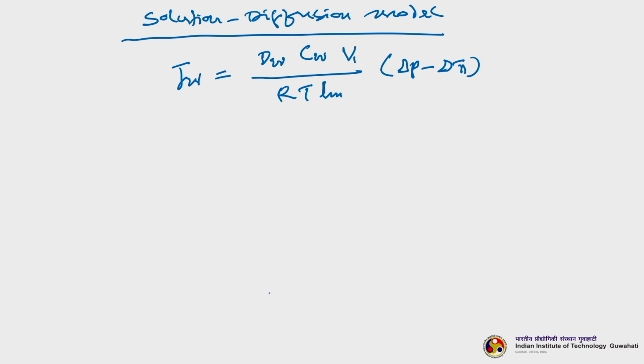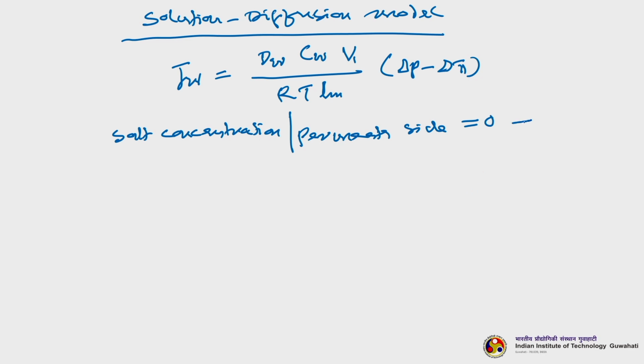Now, the salt concentration on the permeate side is given as 0, which indicates that the osmotic pressure pi equals 0 on the permeate side.